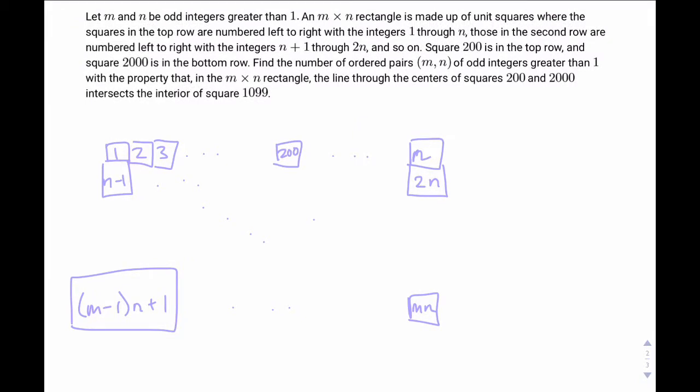So on the right hand side we have all of our multiples of n. On the left hand side we have all of those multiples plus 1.